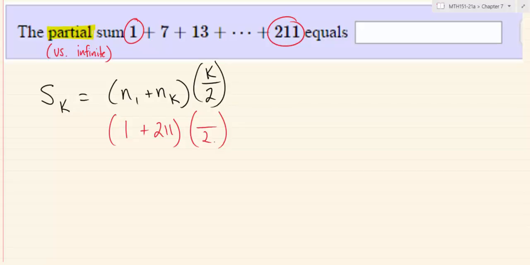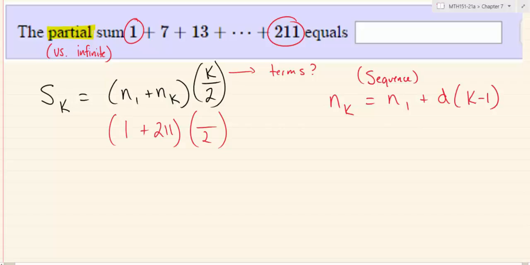Do we know how many terms there are total in this sequence? So we need to figure out how many terms. And how do we do that? We have to use the formula that we started out with, the very first formula: n sub k equals n sub 1 plus d times k minus 1. We know the kth term, the last term, is 211.